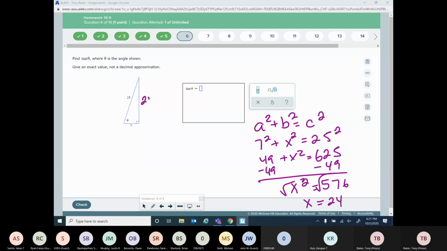So this side right here is 24. Now tangent is my opposite over my adjacent. So that's my opposite and that's my adjacent. In this problem, as was typed in chat, it is 24 over 7.